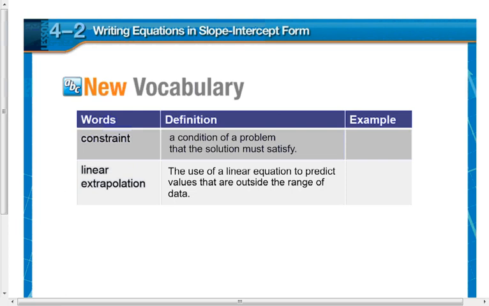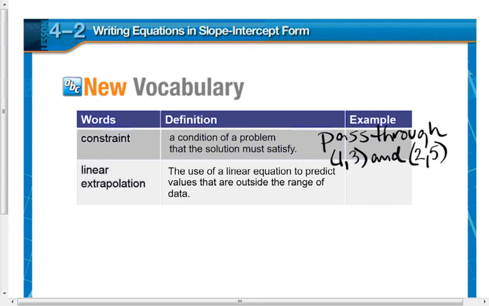So a constraint might be we need to pass through these 2 points, 1, 3, and 2, 5. That might be an example of a constraint, a condition that must be satisfied.